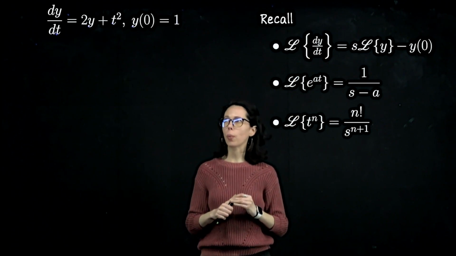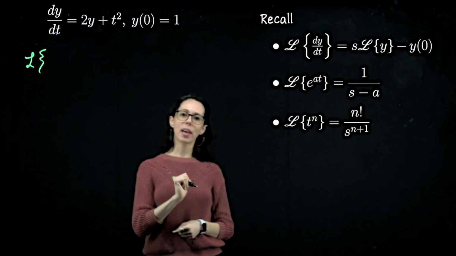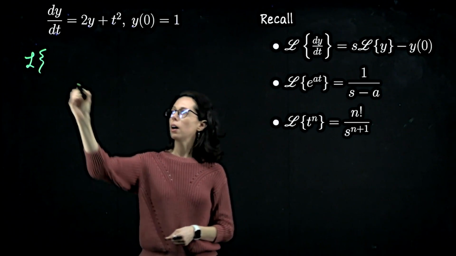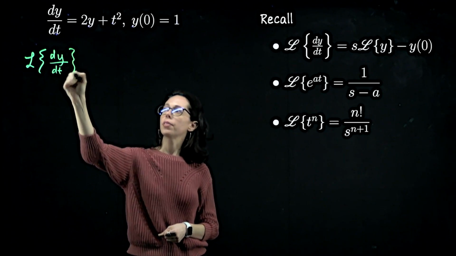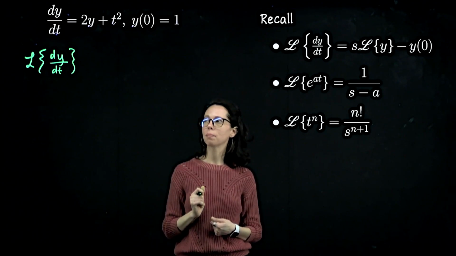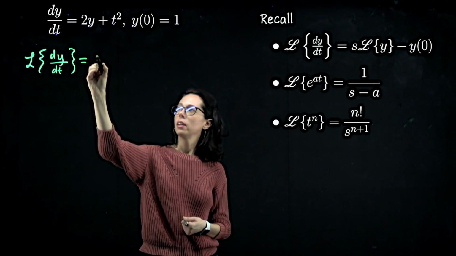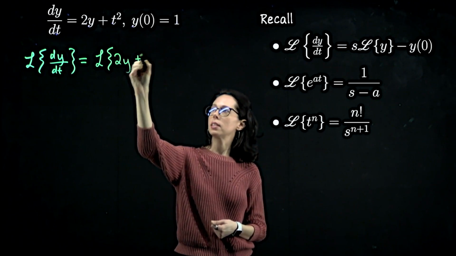We'll use the first one right away, because we are going to take the Laplace transform of both sides of this differential equation. On the left, we have the Laplace transform of the derivative of this function we're looking for, so dy dt. And on the right-hand side, we have the Laplace transform of 2y plus t squared.